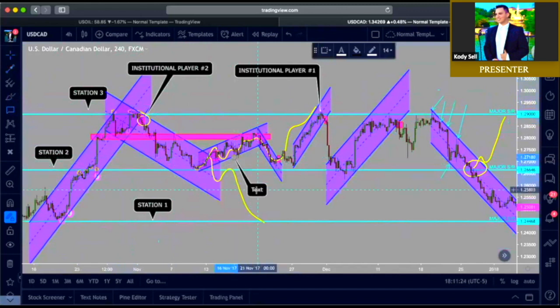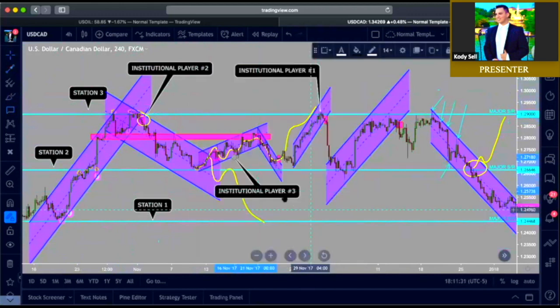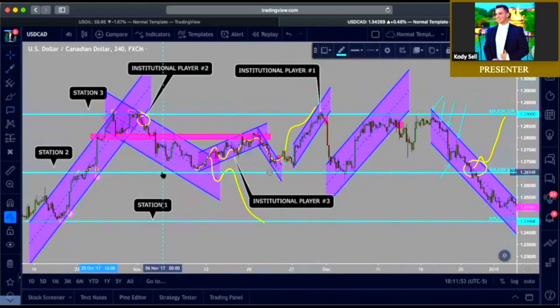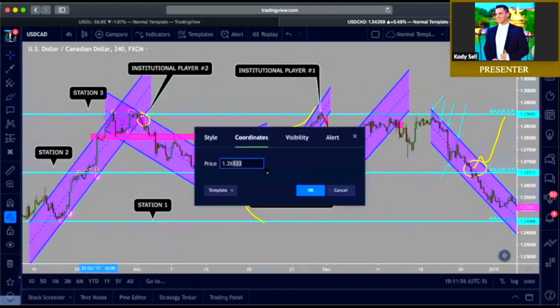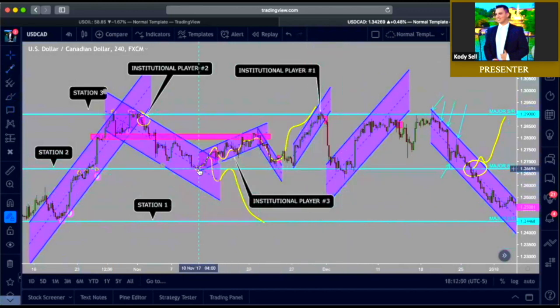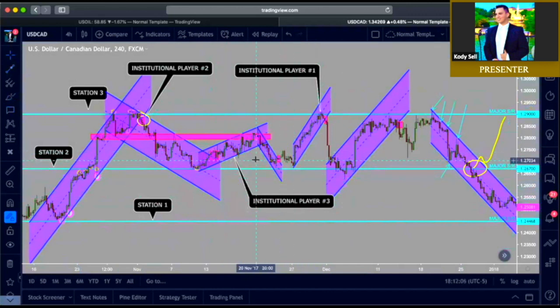Institutional player number 3 right in here. His order flow was different as well. So he entered down here, let's see, what is this? About 1.267, right in that area. So when he filled his orders, let's get rid of these yellow lines real quick. So zoom in here.